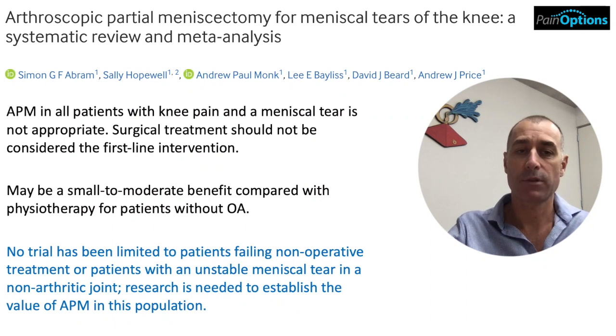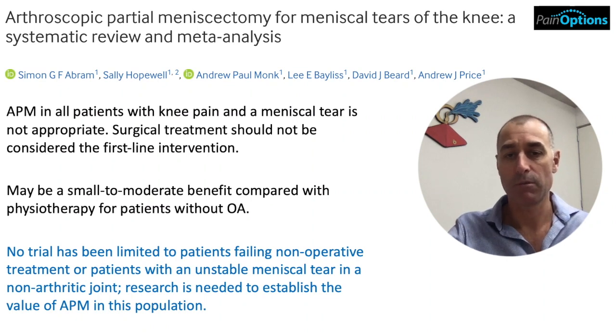So this one is arthroscopic partial meniscectomy, and this is a systematic review, and basically for people with knee pain and a meniscal tear it's not appropriate and surgery shouldn't be considered as a first line intervention. So maybe some small to moderate benefit compared to physiotherapy in patients without knee OA. But this is often the defence.